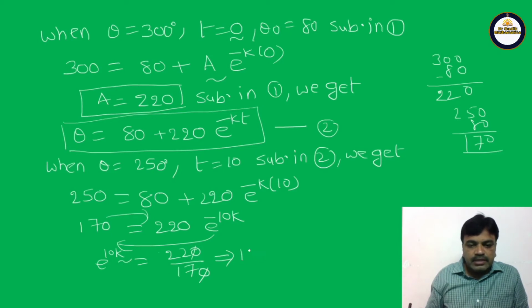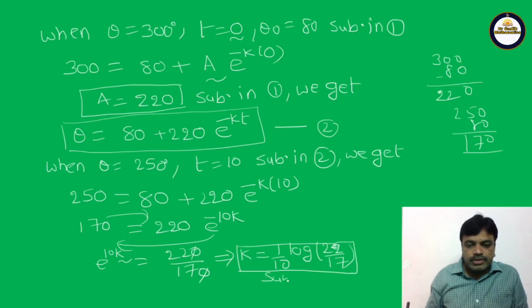So k, by the basic definition, is log of 22 by 17, and since we have the 10 coefficient, we divide to get 1 by 10. This is the k value, friends.